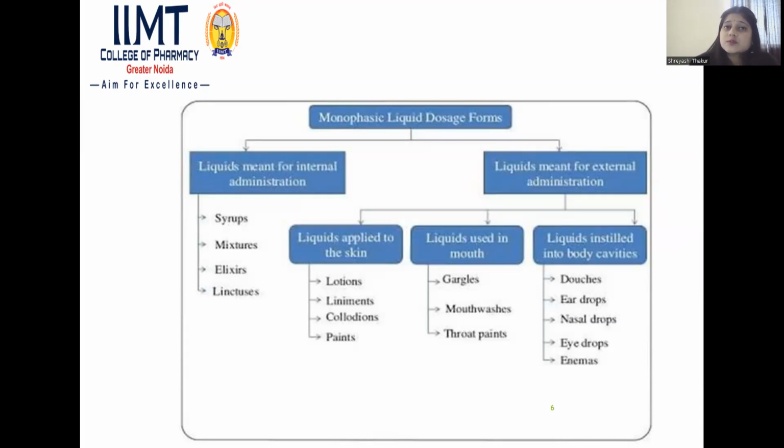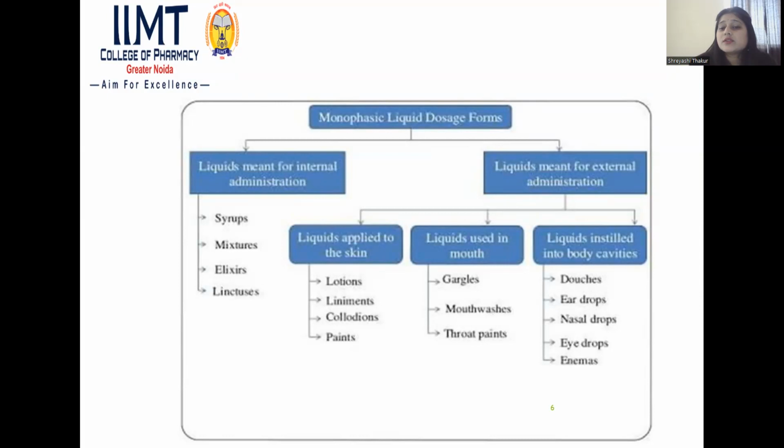Internal administration means the liquid which is taken inside our body, and external administration means the dosage form which is applied to the external part of the body, known as liquid meant for external administration. The examples of internal administration liquids are syrup, elixir, mixtures, syringes, etc.